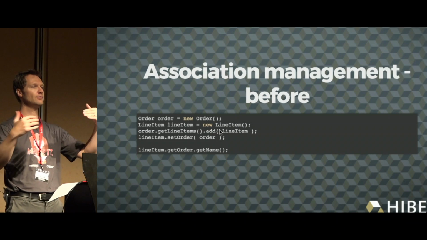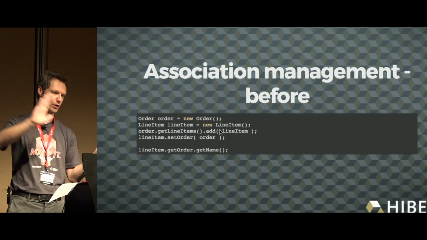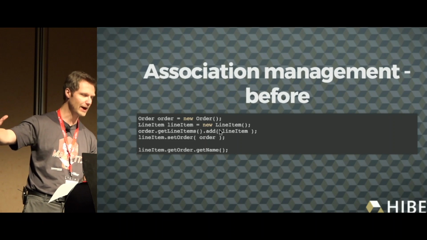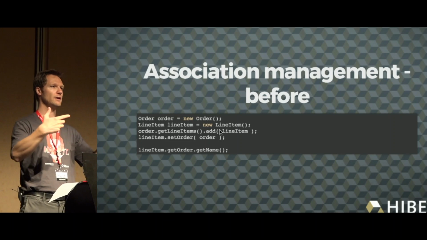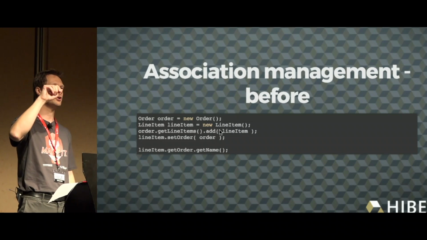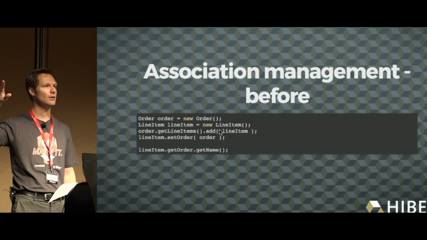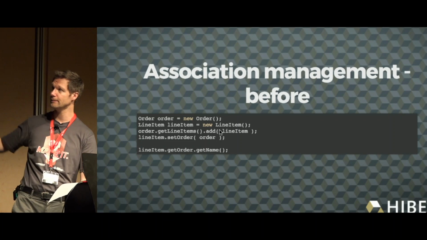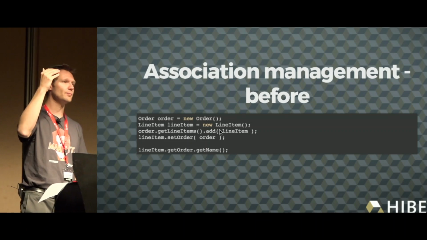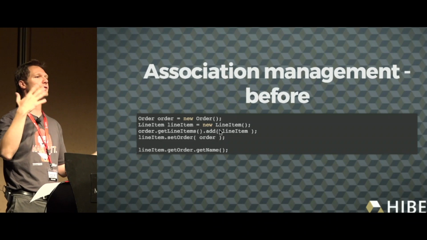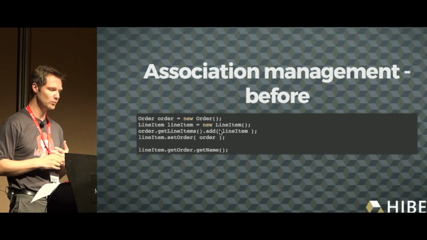When you add a link from order to the line items, you also have to link line item back to order, right? Usually people add an order.addLineItem method to do that kind of work. That's a manual step, and it's always been a bit annoying.